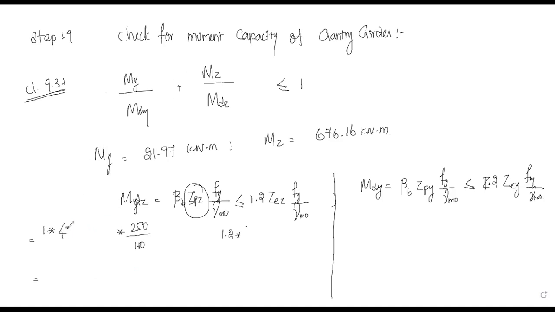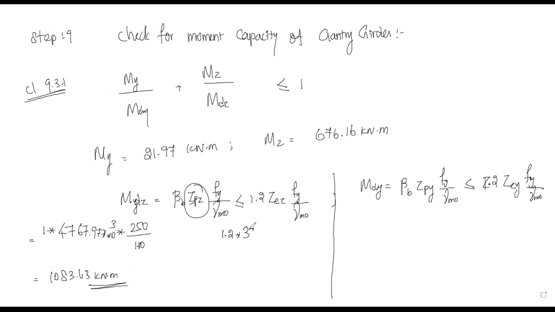So Zpz value is 4767.977 into 10 to the power 3, and then we get 1083.63 kilonewton meter.